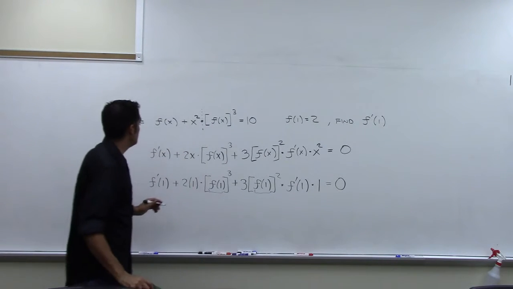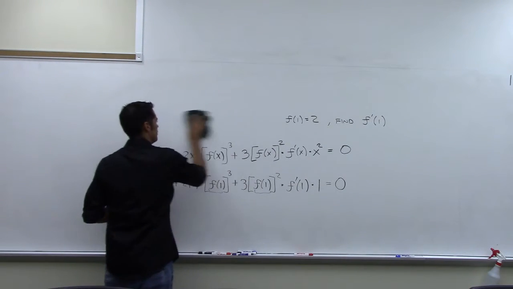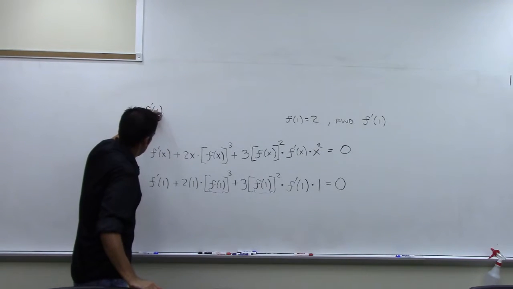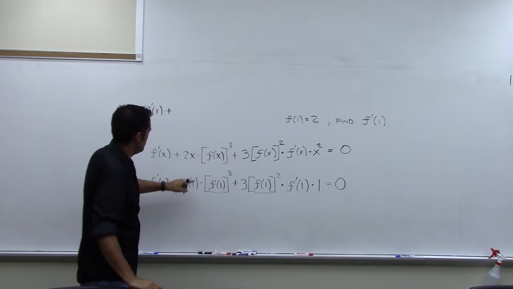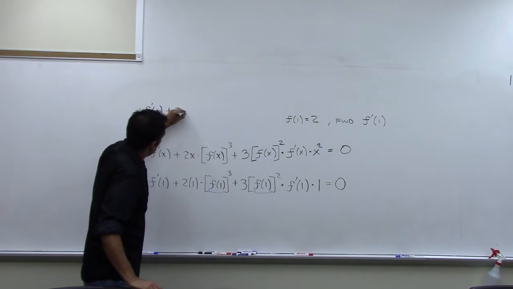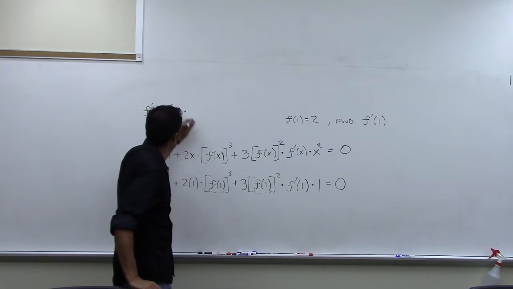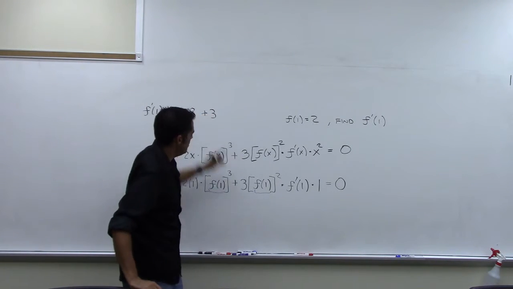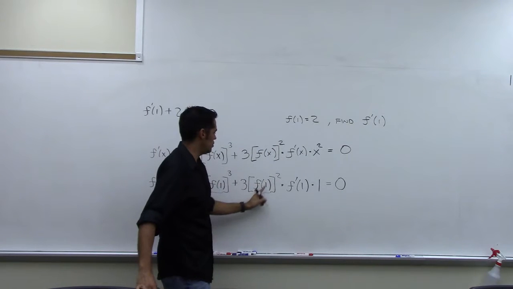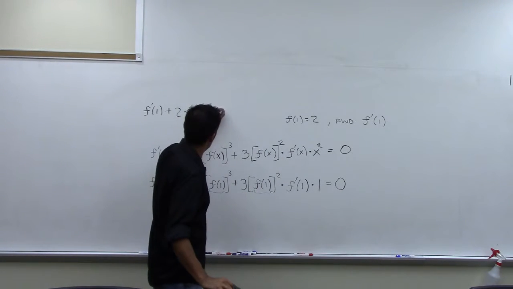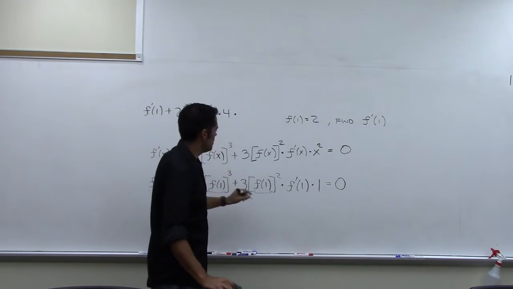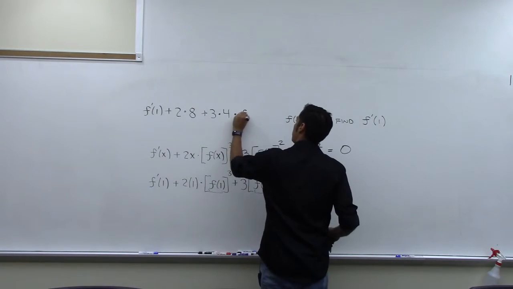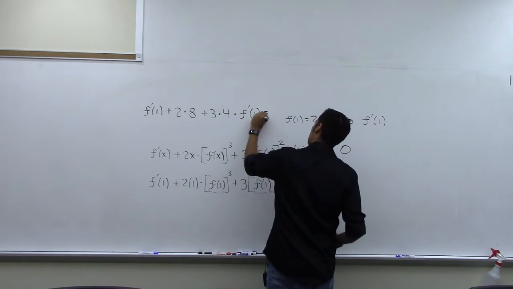So I can rewrite this now as f prime of 1 plus 2 times 1, which is 2, times 2 cubed, which is 8, plus 3 times, now f of 1 is 2, 2 squared is 4, so 3 times 4, and then times f prime of 1 times 1 is f prime of 1, so f prime of 1 must equal 0.